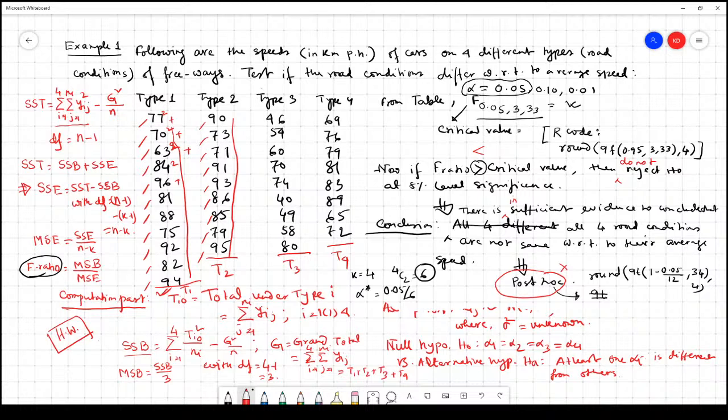You can easily download it. You do not need to pay for R. It is totally free statistical software. So using R, you find these critical values, and the remaining questions you can compute by hand.